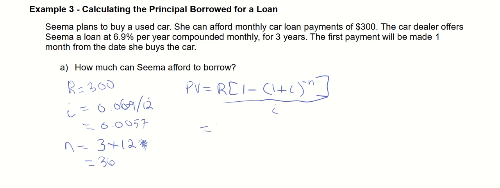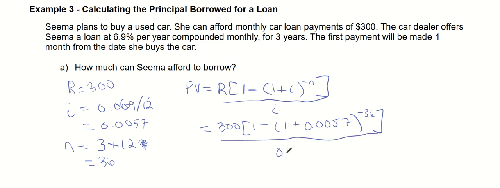Okay, let's drop our numbers in now. 300 times brackets 1 minus (1 plus the monthly interest, 0.0057) to the power of minus 36, and close that bracket.